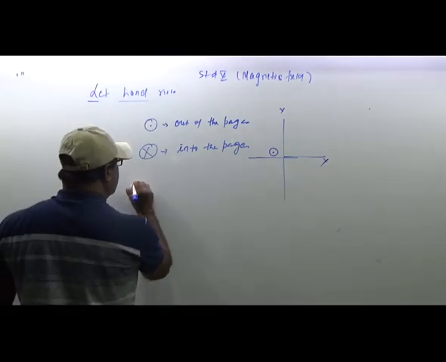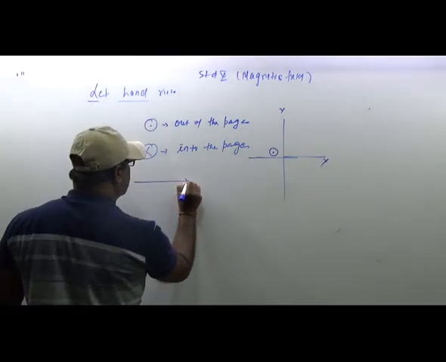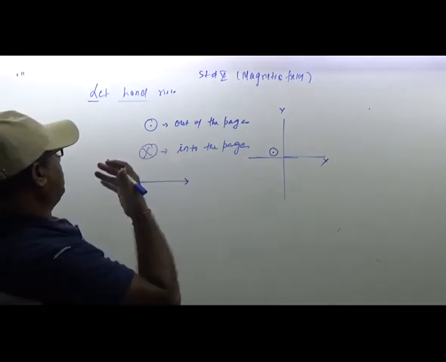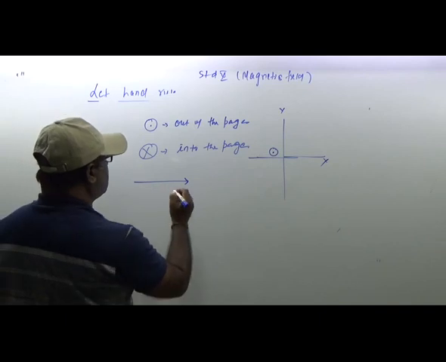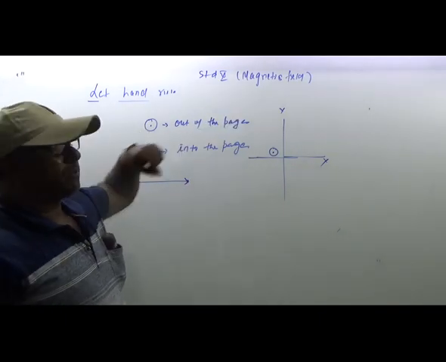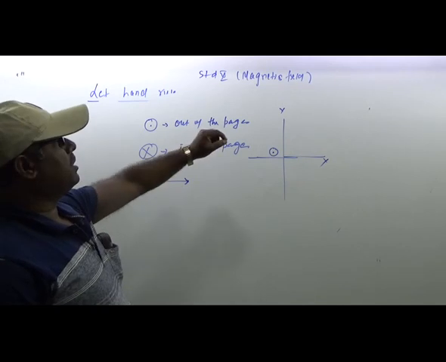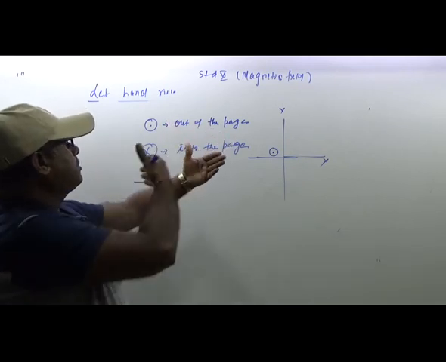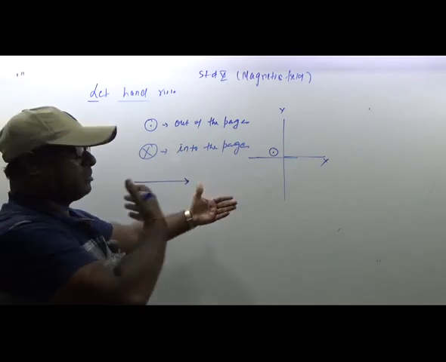Suppose this is an arrow, coming towards me like this. If the arrow is coming from far away, we see only the dot position. So it is coming from here. This is called out of the page.